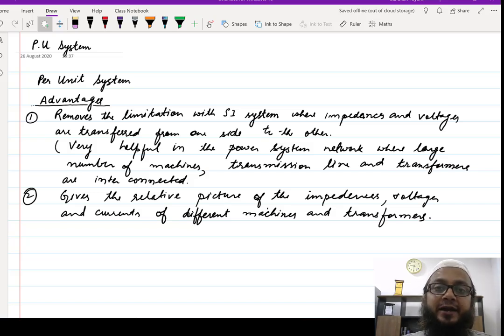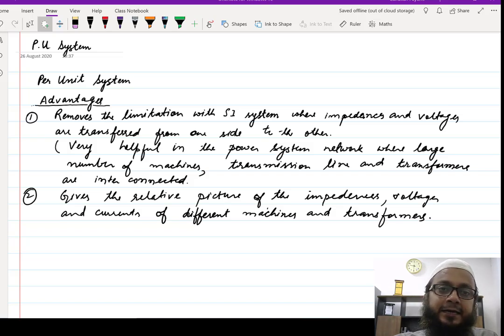Obviously it would be very tedious, and it doesn't give us the sense of relativity as well. Let's say if I talk about 0.1 ohms or 0.2 ohms of two machines, that this machine has an internal impedance of 0.2 ohms and the other machine also has an internal impedance of 0.2 ohms.